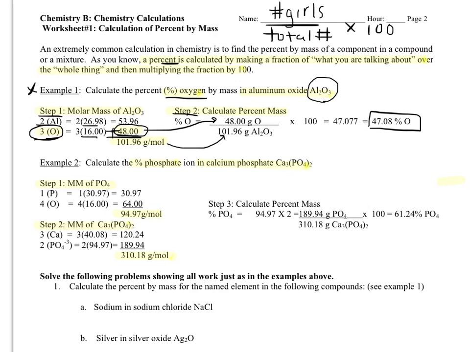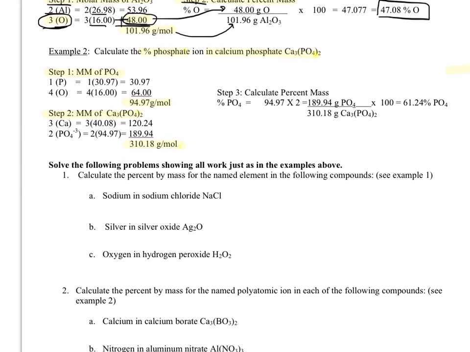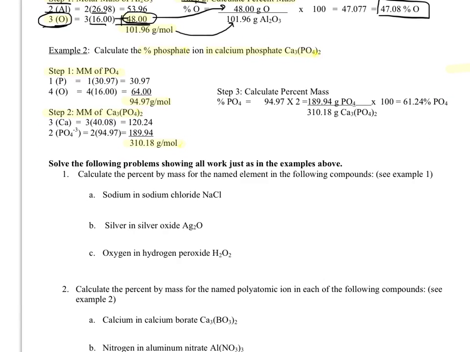If we actually go down and look at what you're going to be doing when we're in class, example 1, the one that we just did, is what you are going to refer to for problem 1, parts A, B, and C. But we need to talk about example 2, because when you get to problem 2 down here, it's going to tell you to refer back to example 2.